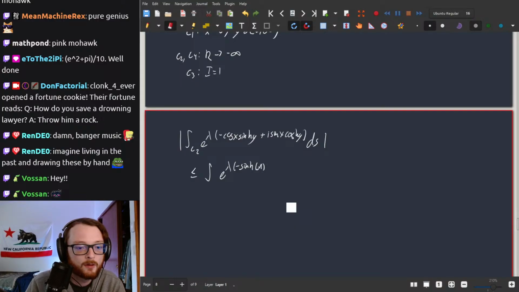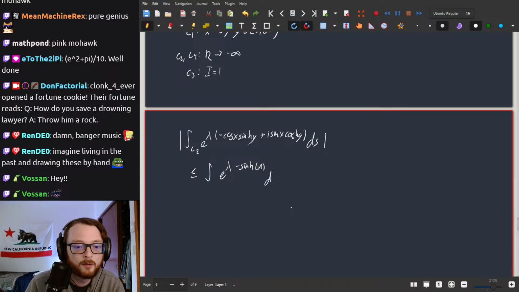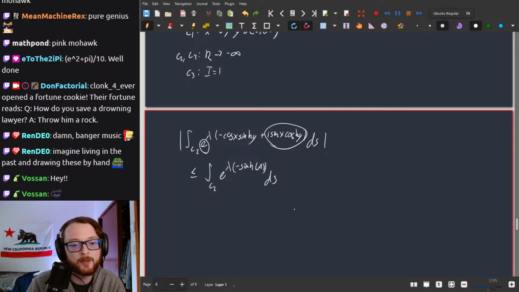I think that's good enough. The point being that e to something that's purely imaginary, the modulus is always 1.